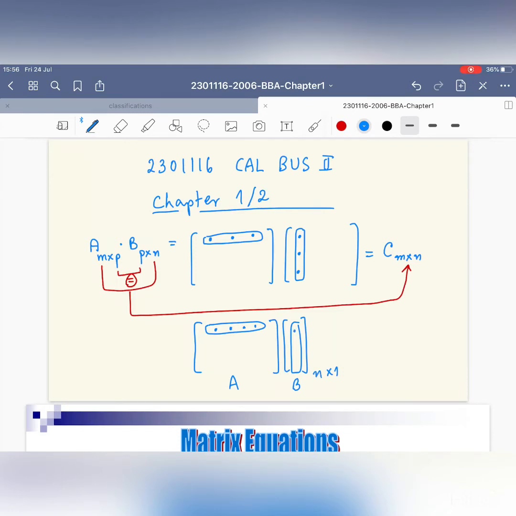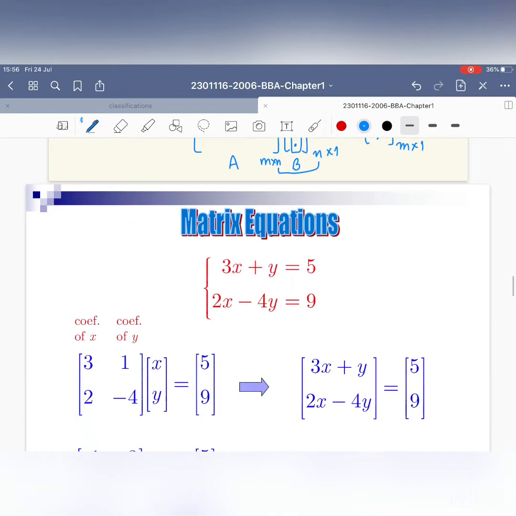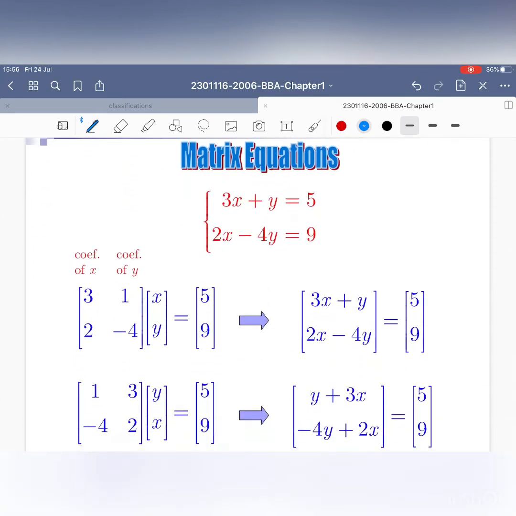This 4 must be matched with n so that they are the same, but then the result will be m by 1. So this here is the so-called linear system of equations.